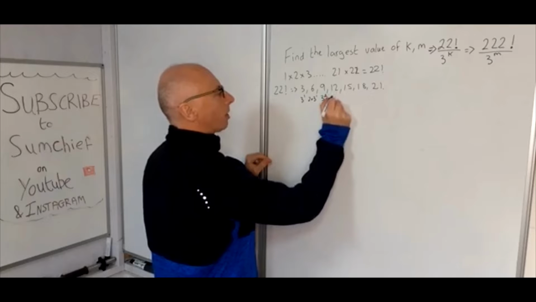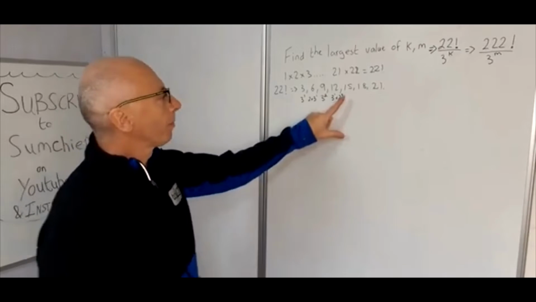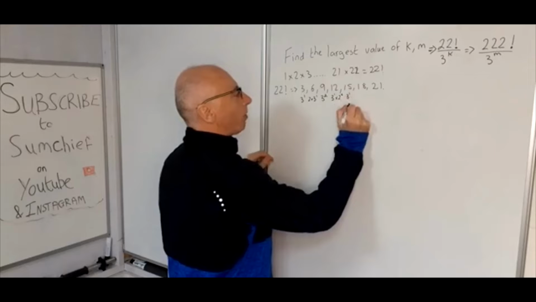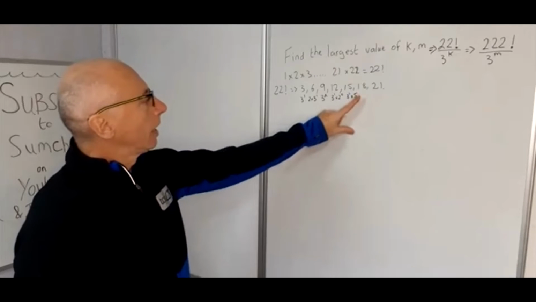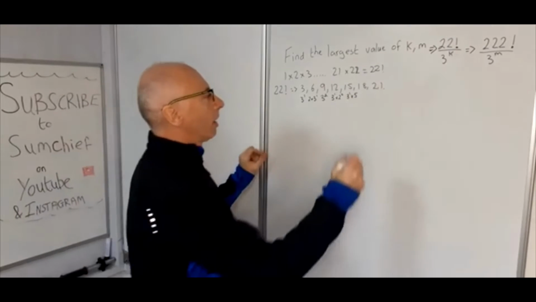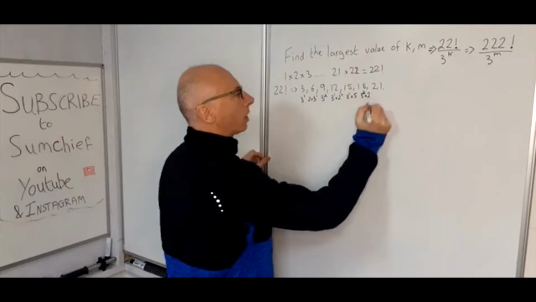12 is 3 to the power of 1 times 2 squared, so that's 4 times 3. 15 is 3 to the power of 1 times 5. That's 5 times 3 is 15, just checking. 18 is 3 squared, which is 9, multiplied by 2.